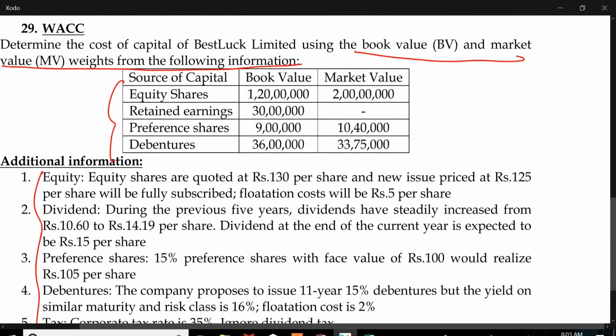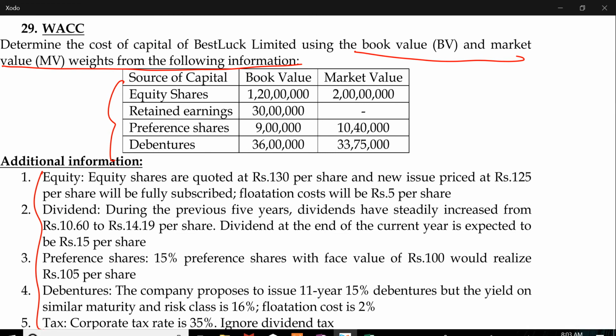Okay, now please listen. When you do a problem on WACC, it is always an existing issue. Why is it an existing issue? Because a balance sheet has a value, and a balance sheet will have a value only if it's an existing issue. Now, this information will be replaced by some other information if any additional data is given.